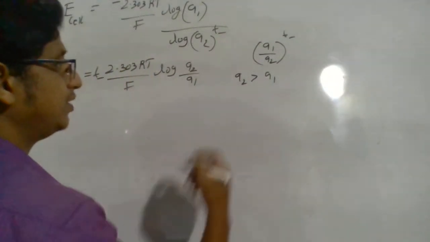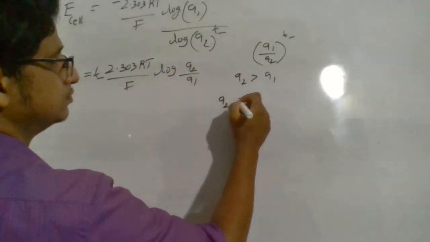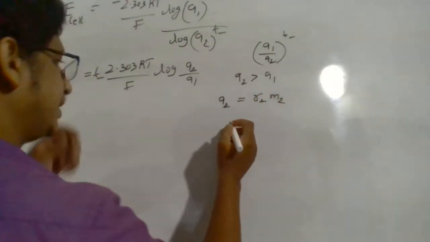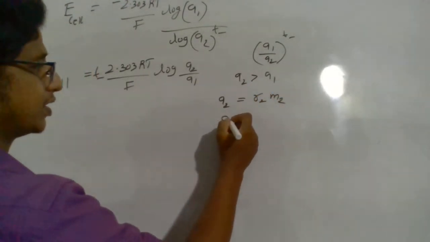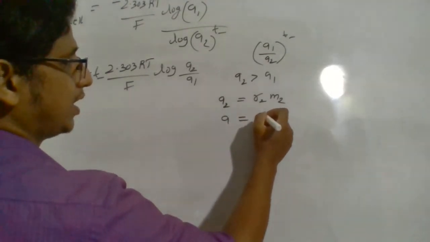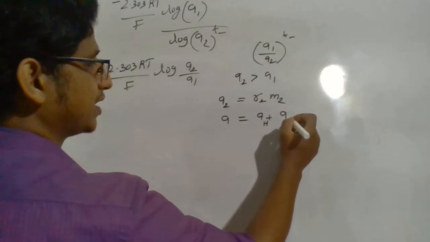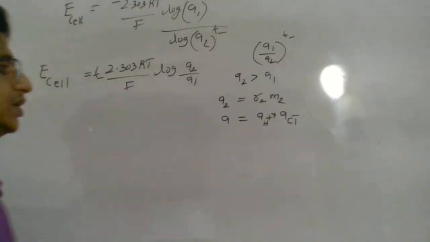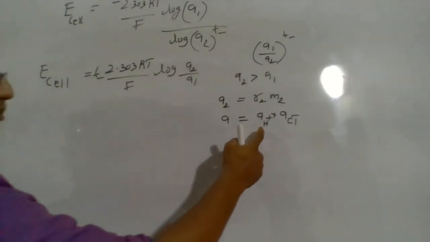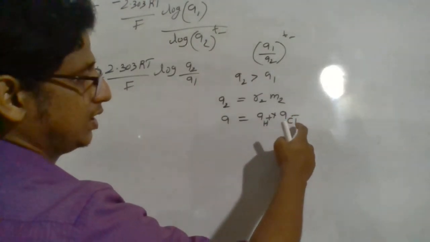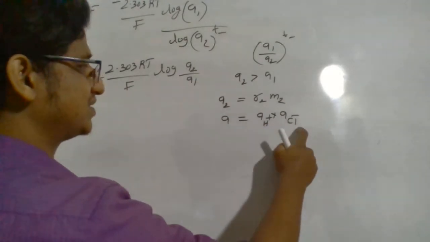Where now A2 will be equal to gamma 2 M2, and here we are talking about the activity of HCl. So activity will always equal the activity of H plus into the activity of Cl minus. So this is the way you can represent it. That means A is equal to gamma M for H plus and Cl minus.